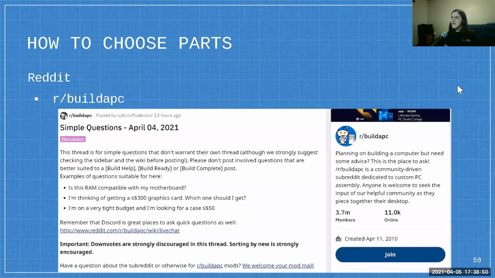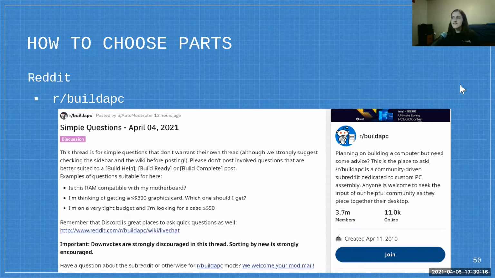Another thing you might be familiar with is Reddit. Reddit actually has a whole community for building PCs. And so again, with these sites, PC Part Picker is reliable. And then Reddit, I'm going to assume, if the mods do a good job, it'll be reliable, but just take whatever you hear with a grain of salt.